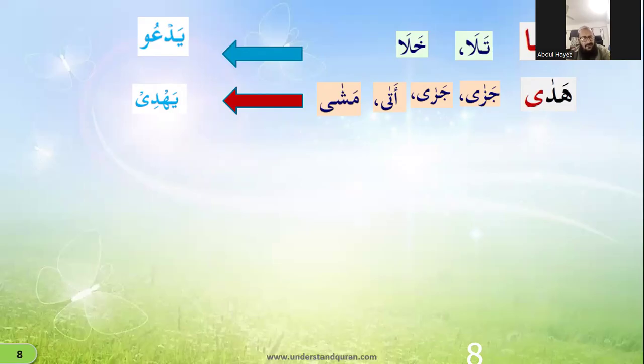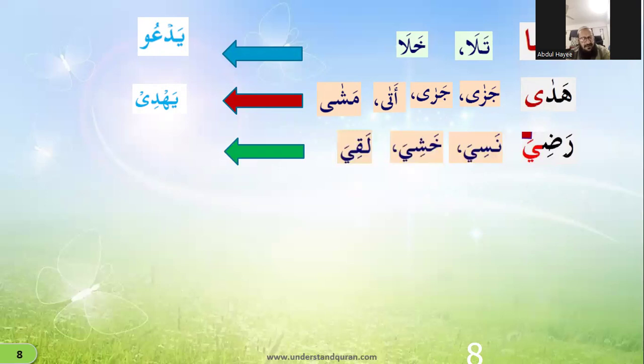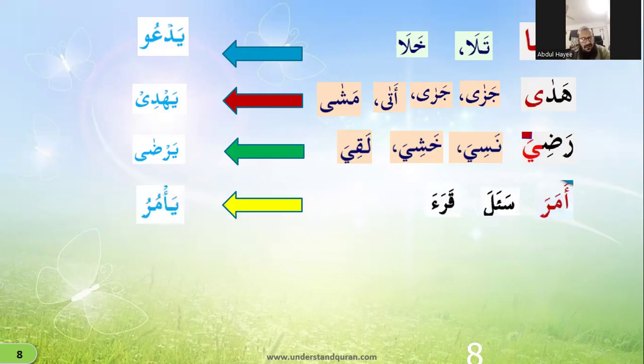On the same pattern. Radiya, nasiya, khashiya, lakiya. Radiya, yarda. On the same pattern. Nasiya, yansa, khashiya, yakhsha, lakiya, yalqa. Amara, sa'ala, qara'a.